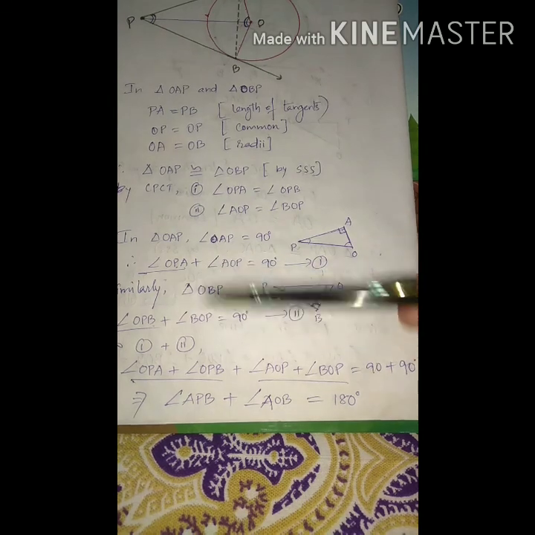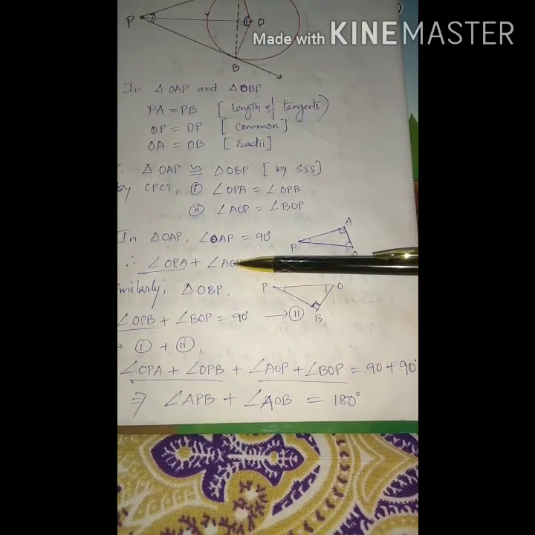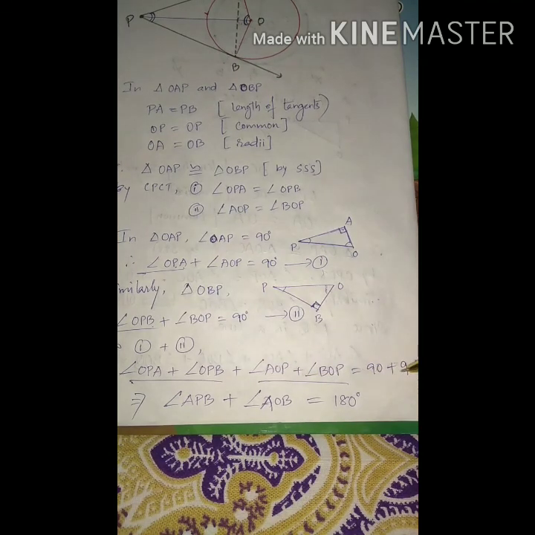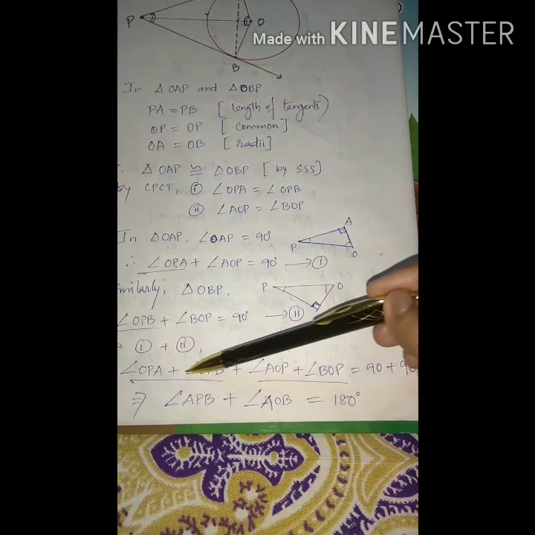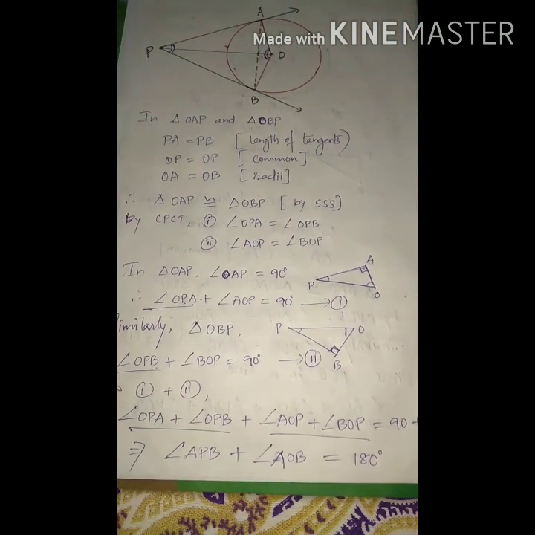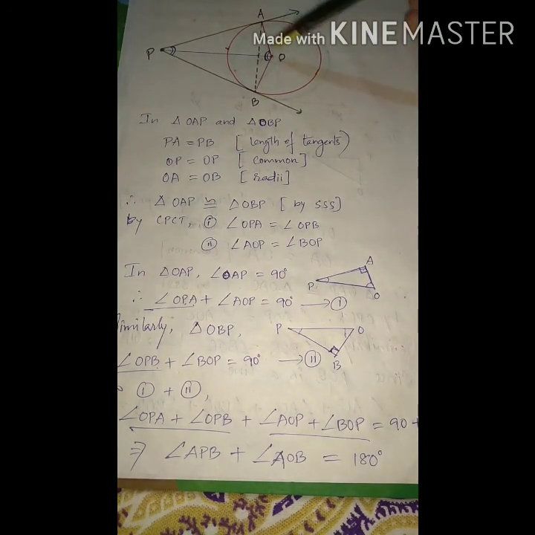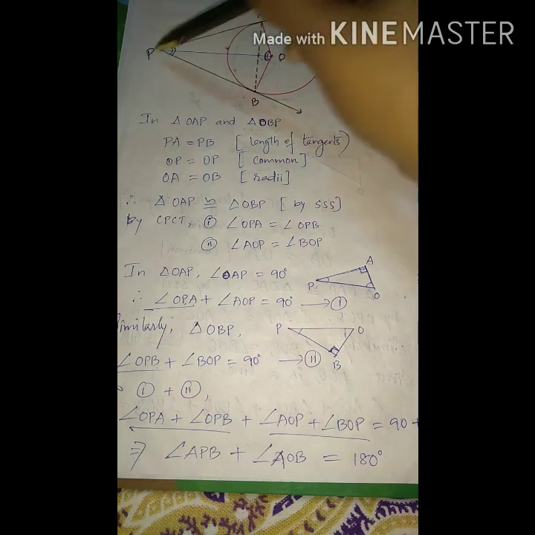So if you add, then you see here we write OPA plus OPB and plus AOP plus BOP, we write here equal to right hand side 90 plus 90. Since OPA plus OPB, if you see the diagram one more time, OPA OPB, that means this whole angle is or not, and similarly AOP BOP, this whole angle is or not.